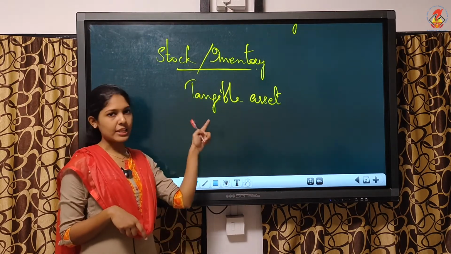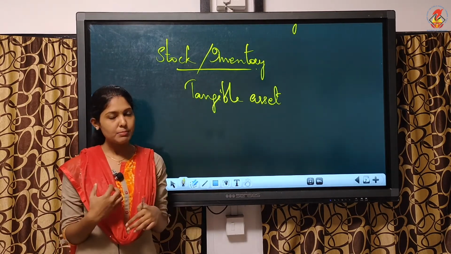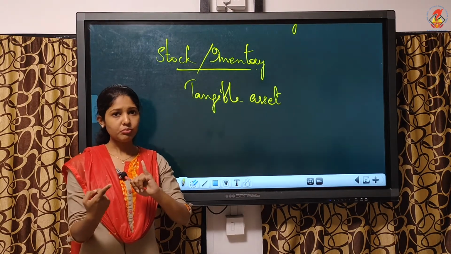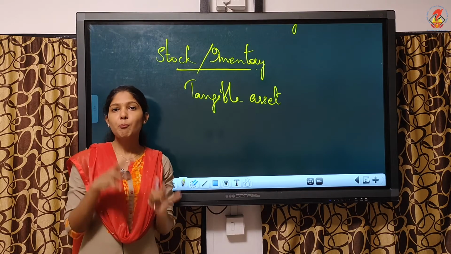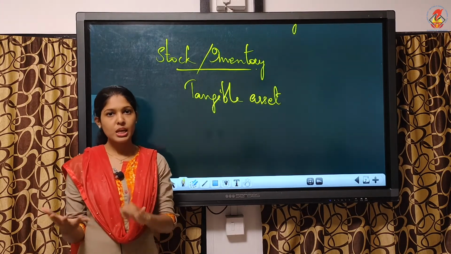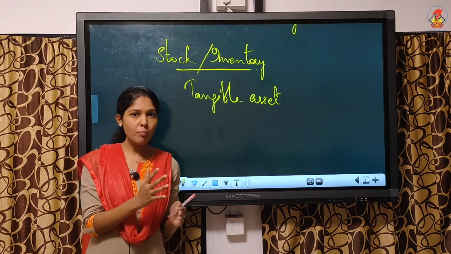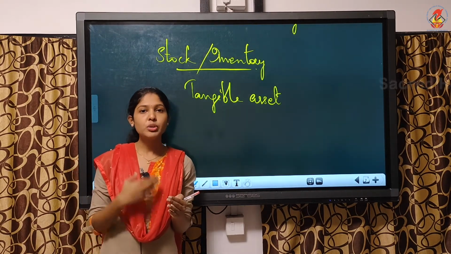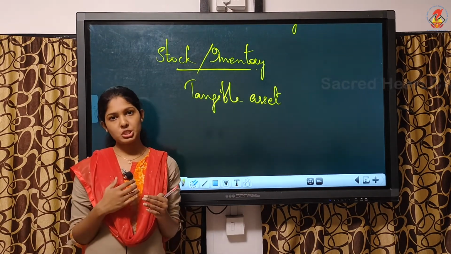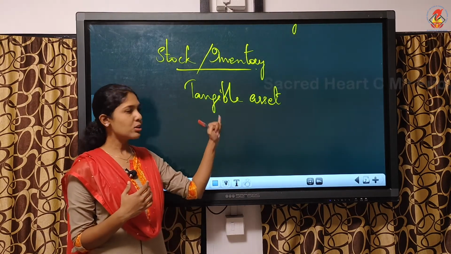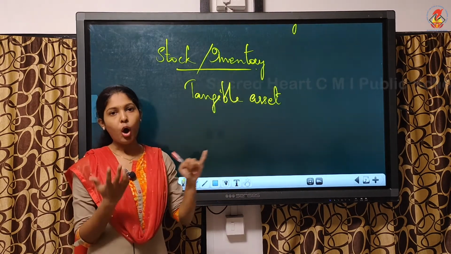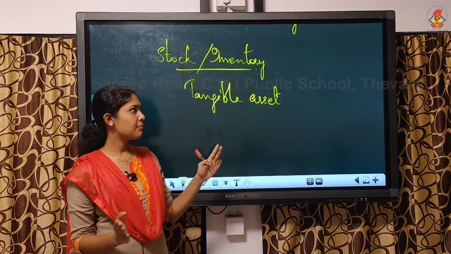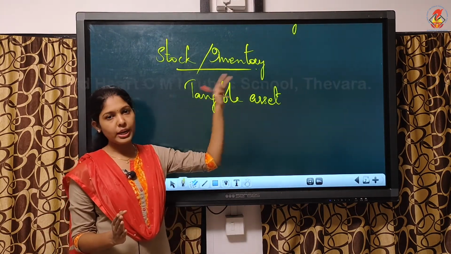So stock is a tangible asset held by the business either for the purpose of sale, or it can be used in the production of some other goods. Suppose you have some stock of raw materials. That stock of raw materials you can make use of, you can produce some finished goods. So either this will be used for sale, or it can be used for the production of some other goods. So that is the meaning of stock or inventory.